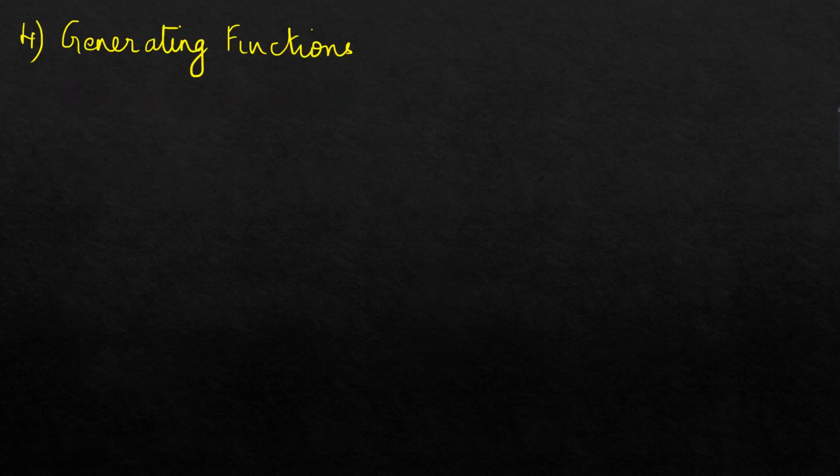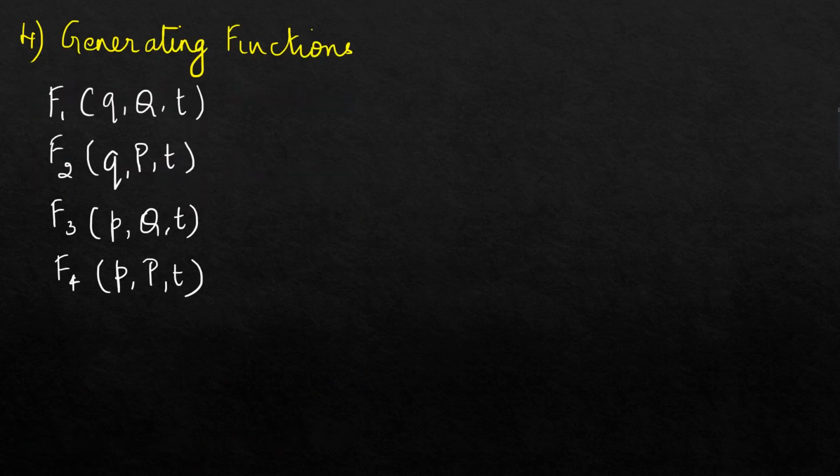Okay, let's see generating functions. We have these four generating functions. We always have to remember which coordinates these generating functions depend on. So please keep a note of that. Now we have to find the formula. How do we frame the formula?